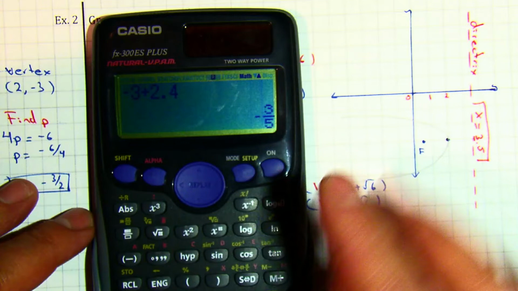And now I'm going to plug in a 0. Not 2, because if I plug in a 2, it's going to give me negative 3. So now I'm going to plug in a 0. So y plus 3 squared equals negative 6 times 0 minus 2.